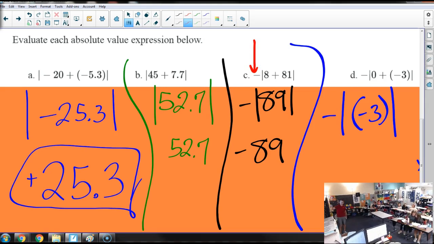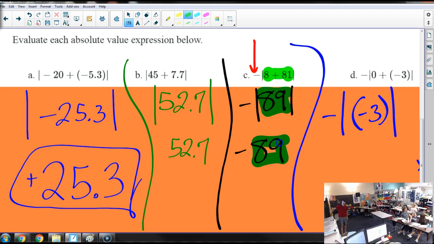Absolute value takes whatever's inside and says, what is that distance from 0? So that turns into this 89 and this 89. But that negative was out front, and it's still out front, but now it's right up against the number. Does that make sense, Toby?